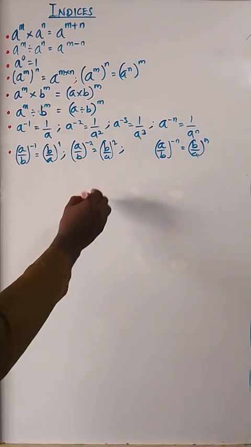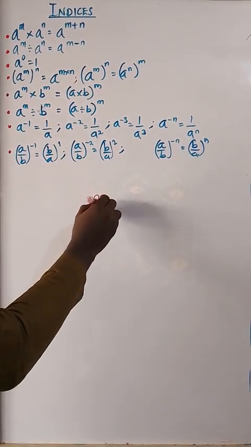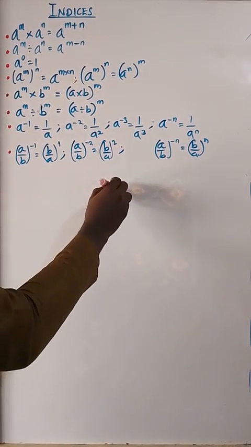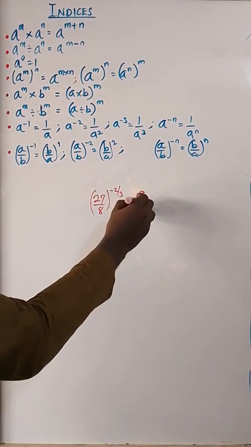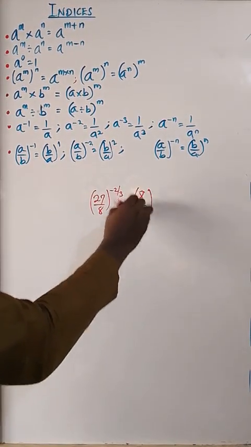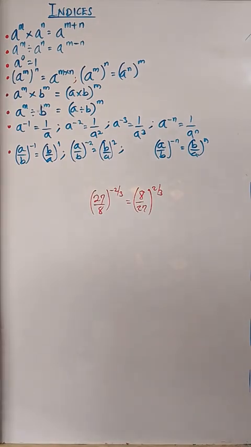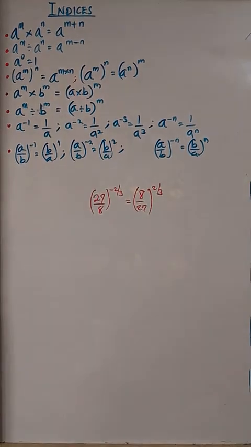So if I have something like 27 over 8 raised to power minus 2 over 3, I can take the minus away and write it as 8 over 27, all raised to power 2 over 3. Whenever the power has a minus, there is always a way you can get rid of the minus.